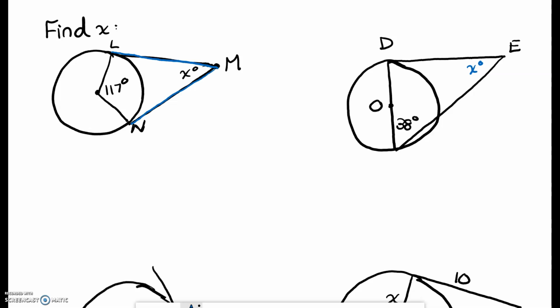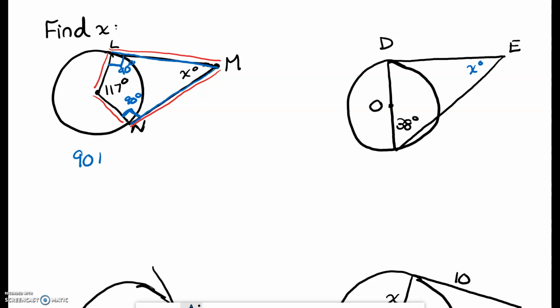One of the properties of tangent lines is that they're perpendicular to the radius at the point of tangency. So I know that I have a 90-degree angle here and a 90-degree angle here and 117 degrees. For a quadrilateral, a four-sided figure, the angle measures should add up to 360.